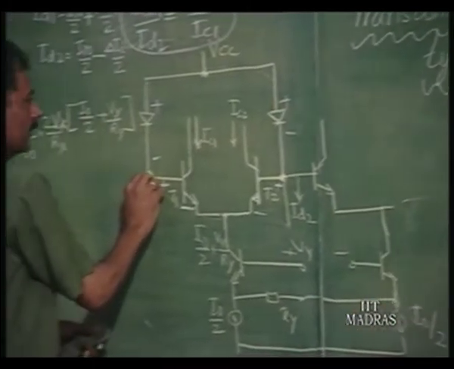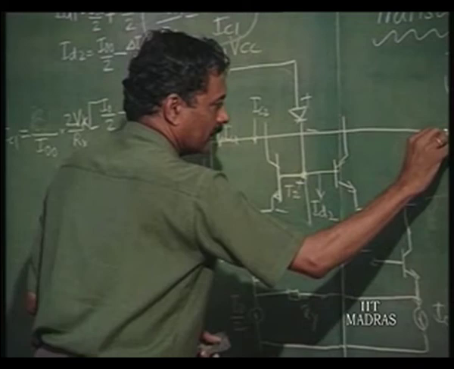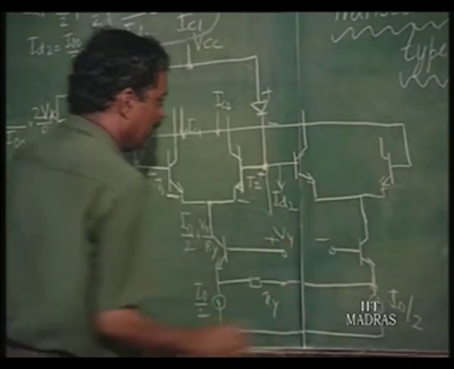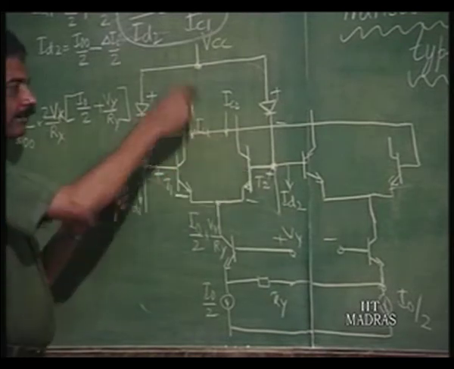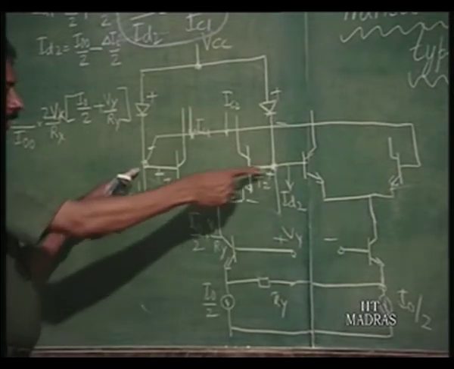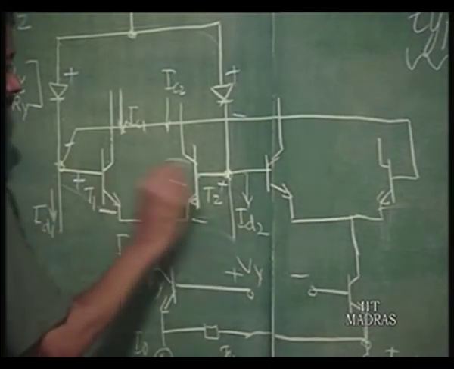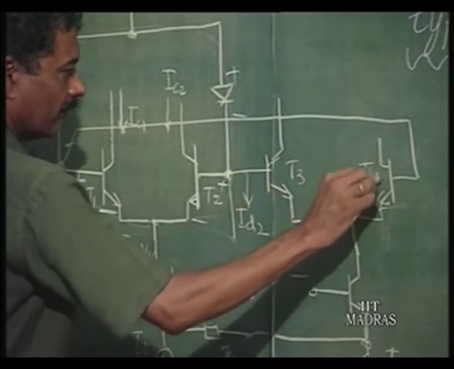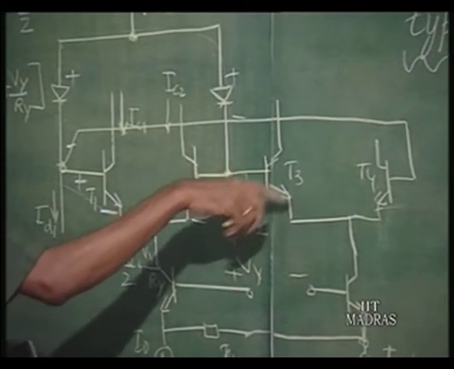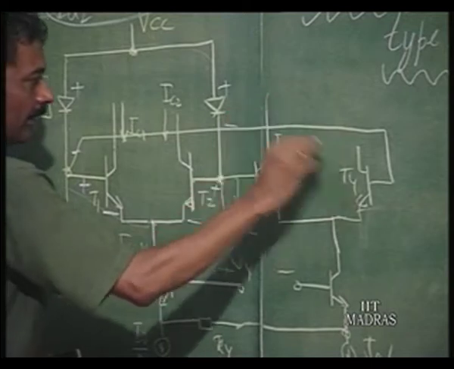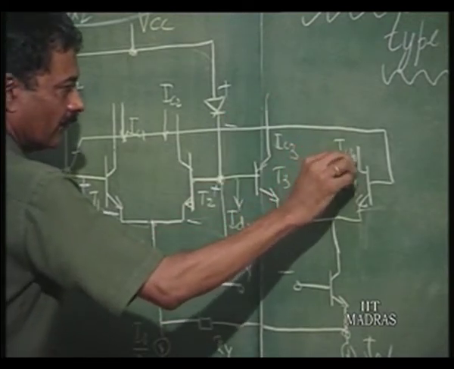So, this is going to be taken here, and that means this is also going to have similar ratios for the current, because the same input is being given. So, we will call this T1, T2, T3, T4. The currents in T3 and T4 will be, let us say, IC3 and IC4.